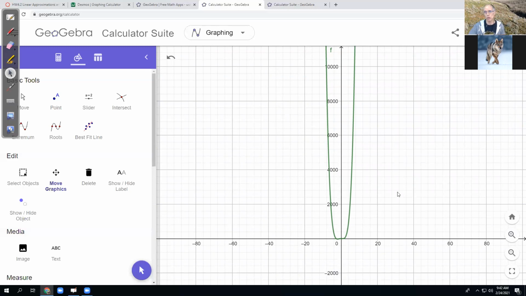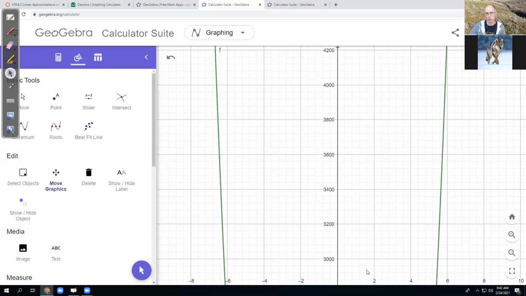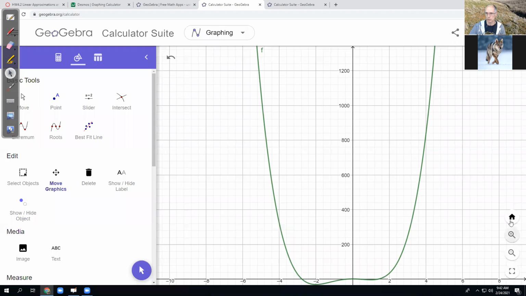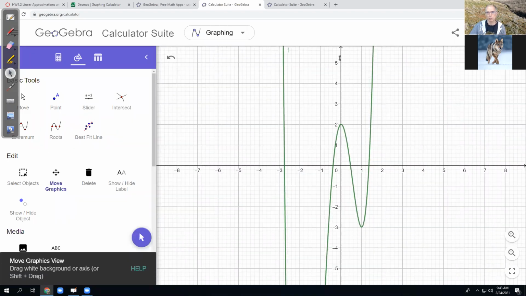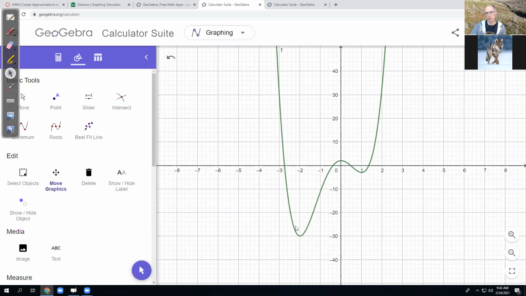When you zoom back in, there could be some interesting behavior going on. Let's use the reset button. There we go, reset. When we zoom in, we can see there's some more interesting behavior in here. So we're going to learn to use calculus to analyze this interesting behavior.